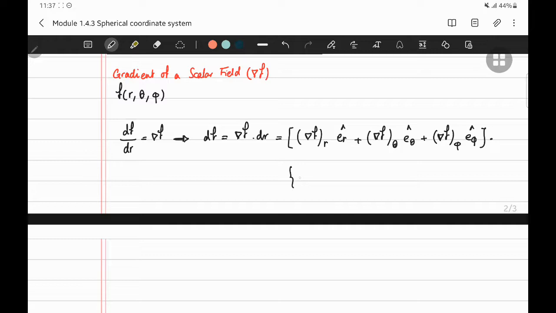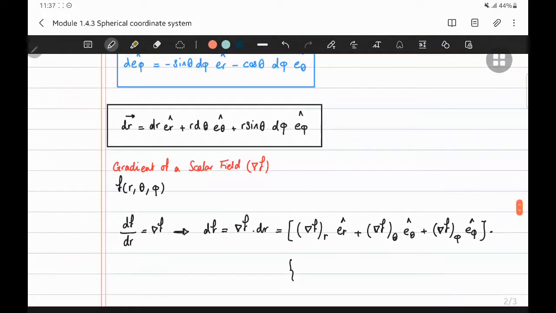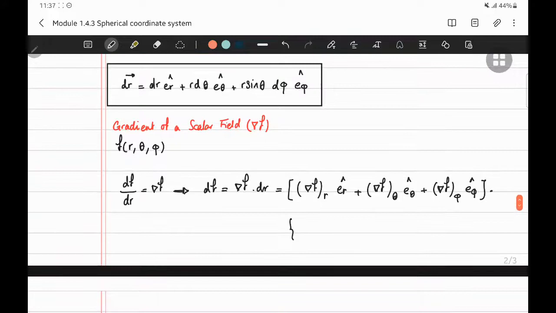So we have dr, which we already calculated, so we have dr e r plus r d theta e theta plus r sine theta d phi e phi.